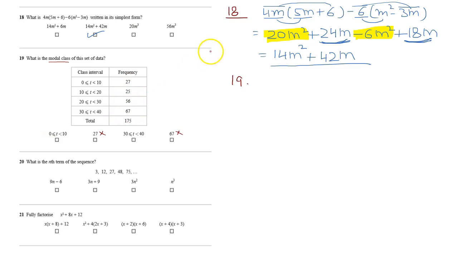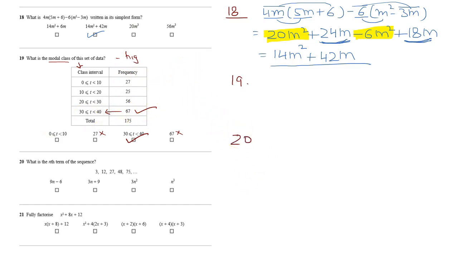Modal class means highest frequency. So which one is having the highest frequency? 30 to 40. So the answer is the class, this will not be the answer. Modal class means you have to check from the class interval and not from the frequency. Frequency you have to check which is the highest, and the corresponding class interval is the answer.